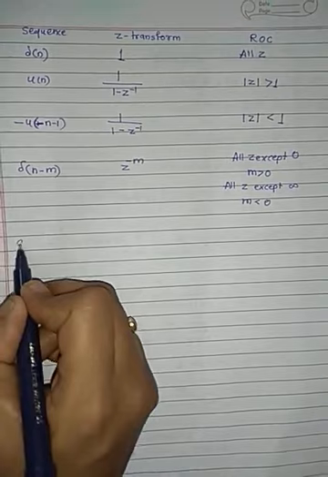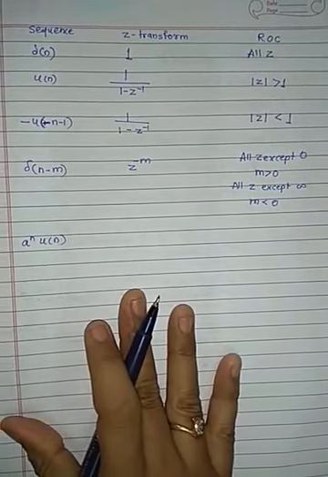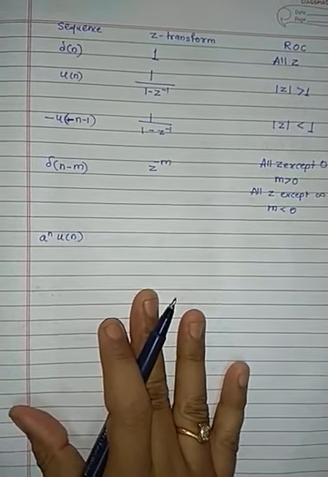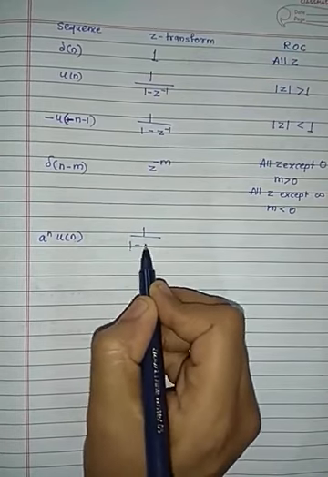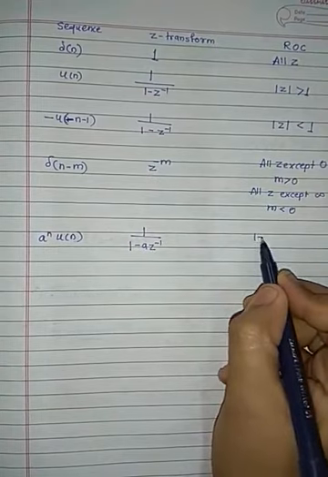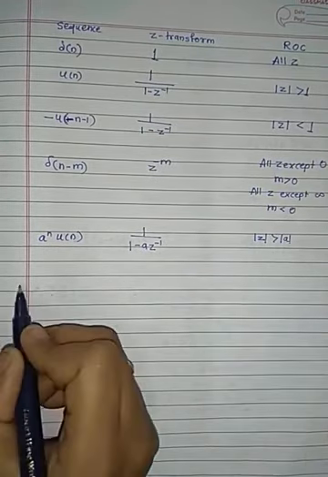Then if the sequence is a raised to n into u of n, then the Z transform is 1 divided by 1 minus a into Z inverse. Okay, and the region of convergence is modulus of Z should be greater than modulus of a.